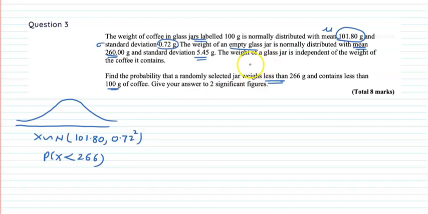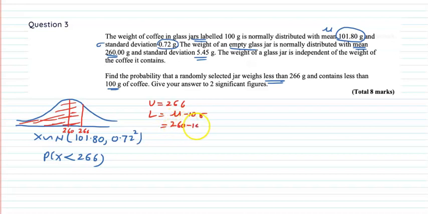Here mean is 260 and this value is 266, so we are talking about this whole area. Upper value will be 266. Lower value you can go 10 standard deviations down, mu minus 10 sigma, so it should be 260 minus 10 times 0.72.